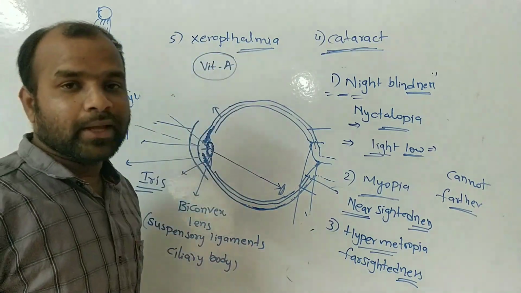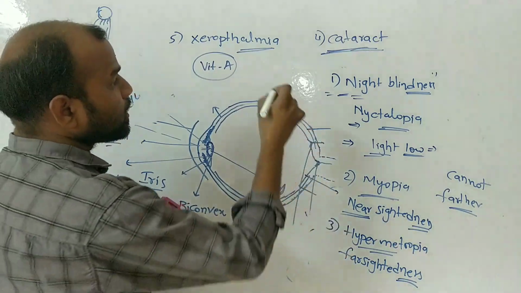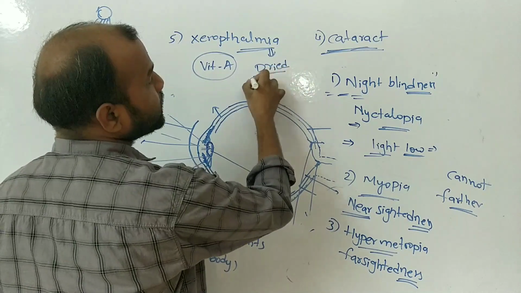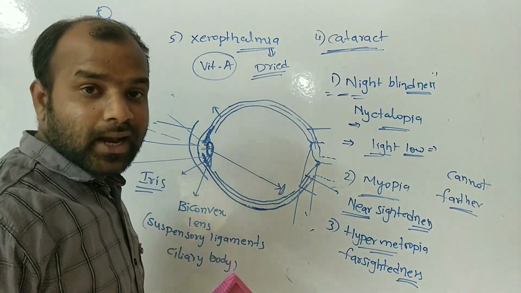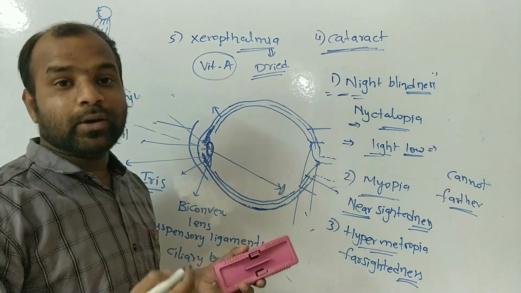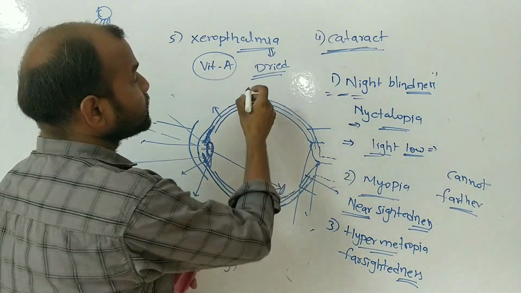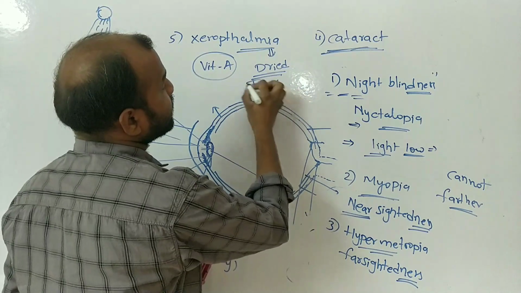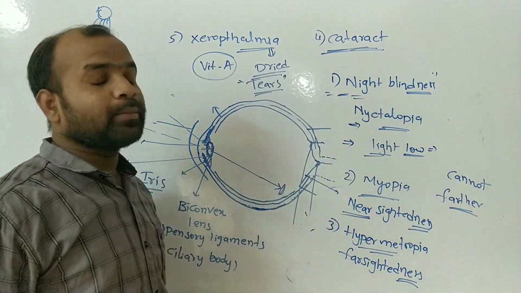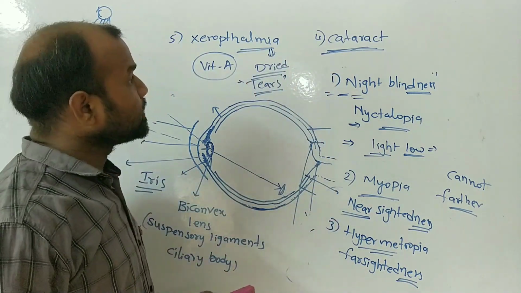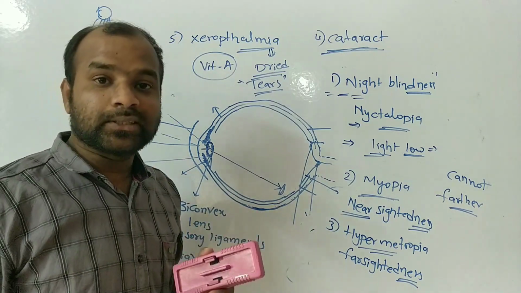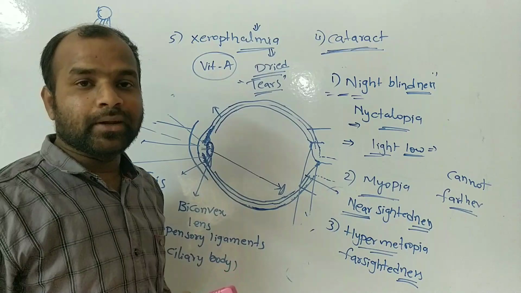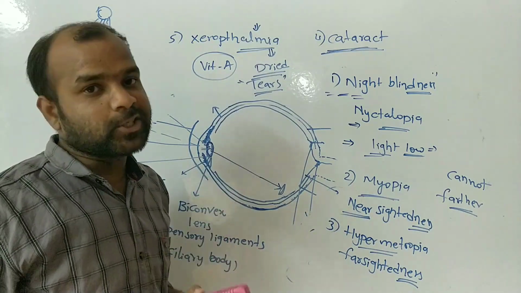In this condition, the eyes become completely dried, because the lacrimal glands cannot secrete tears, which leads to dry eyes. This condition is called xerophthalmia, a vitamin A deficiency.